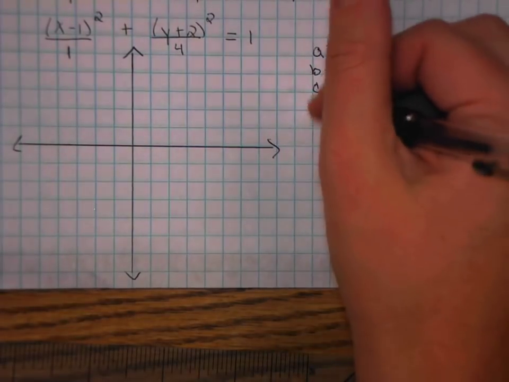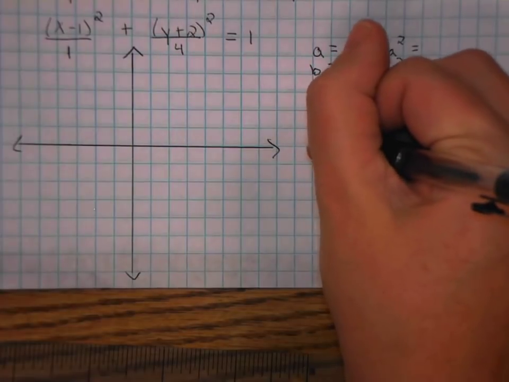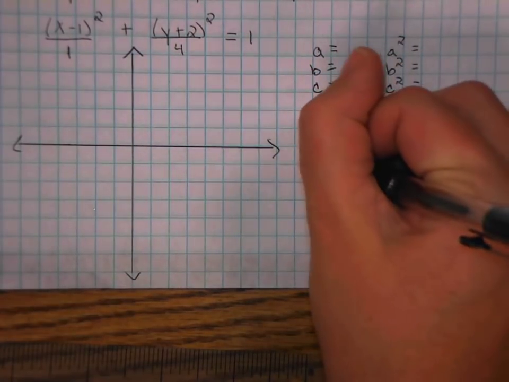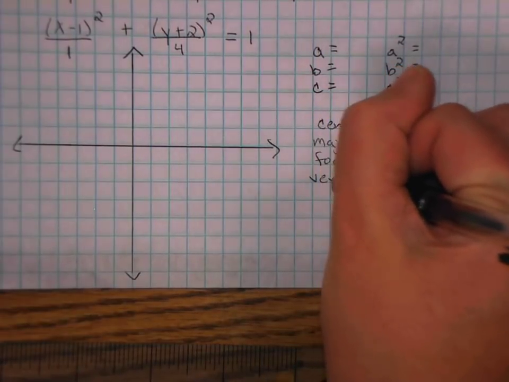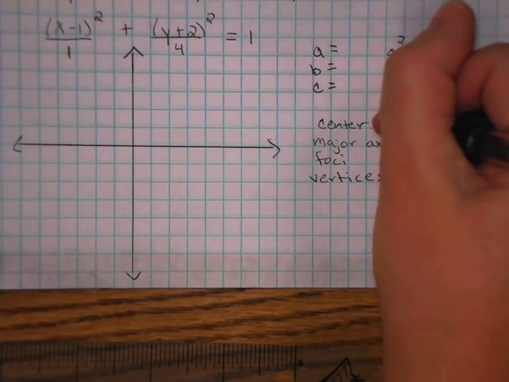And then I'm also going to want to list the center, the major axis, the foci, vertices to go along with that.